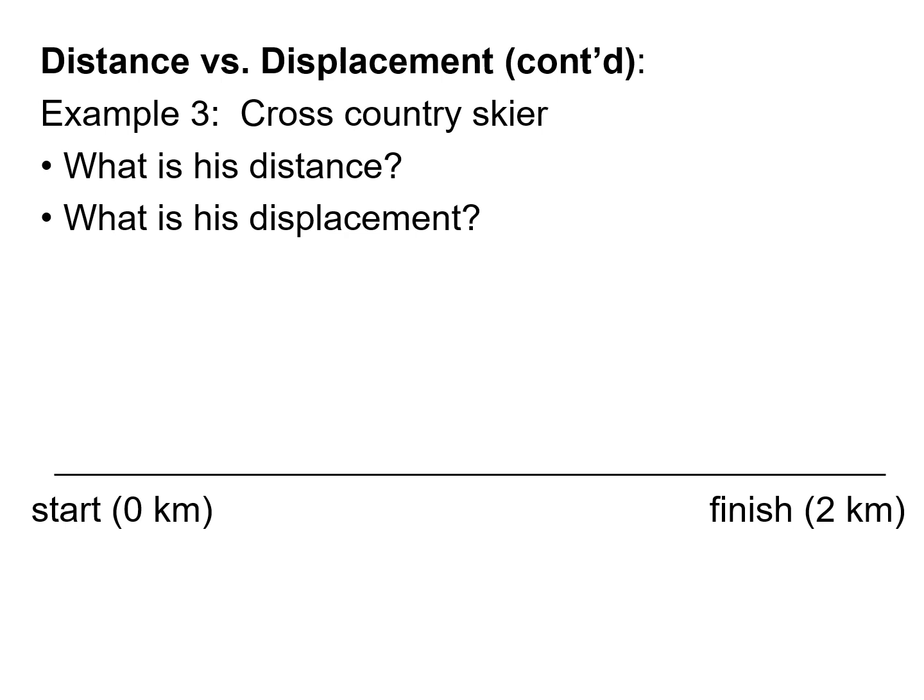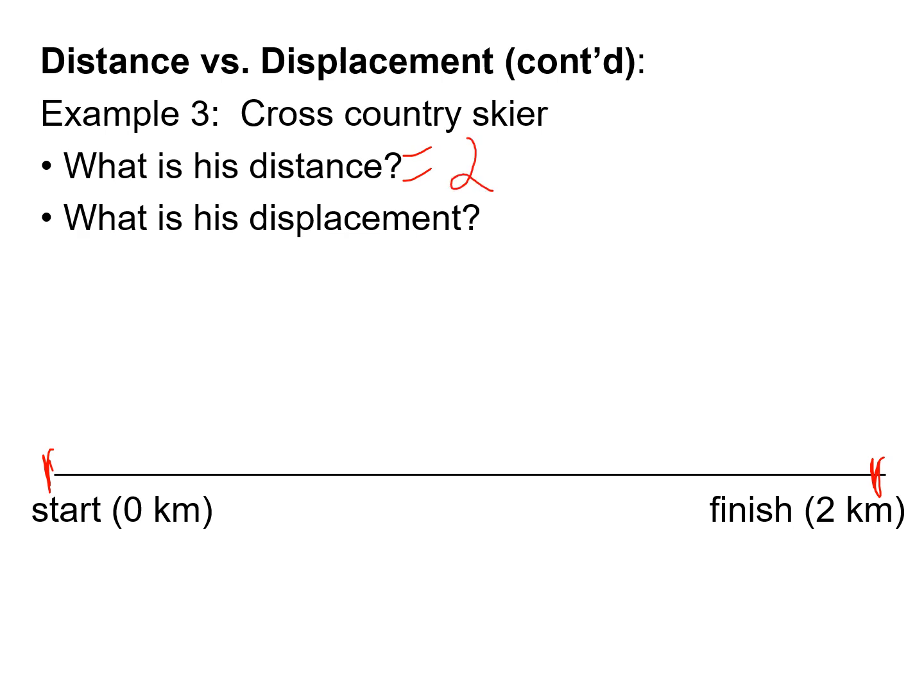So let's look at a third example, okay? Let's take the case of a cross-country skier. For this activity, they started at 0 kilometers and finished 2 kilometers away. So what is their distance? Well, they started at 0, ended at 2.